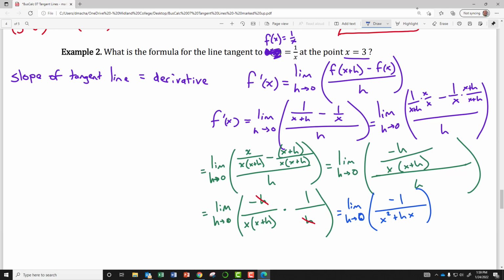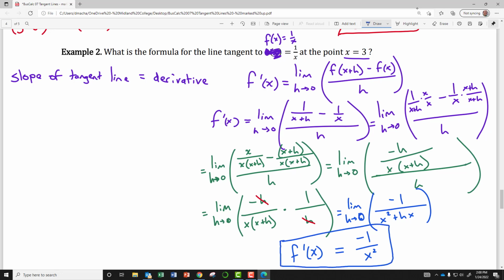At this point, I'm going to actually take that limit. So I'm going to set h equal to 0. And what you can see is I'm going to get negative 1 divided by x squared. So this is the derivative. This is what we mean by f prime of x.